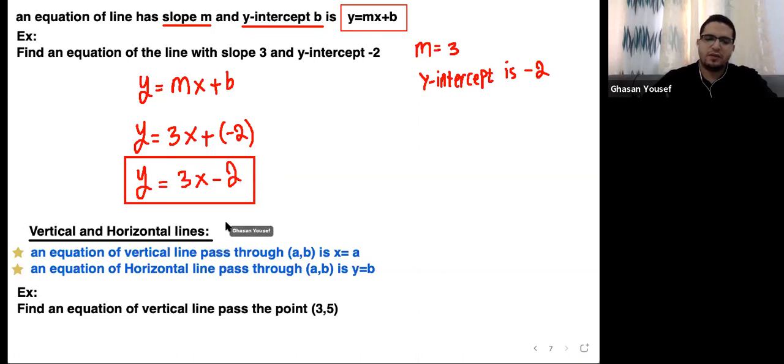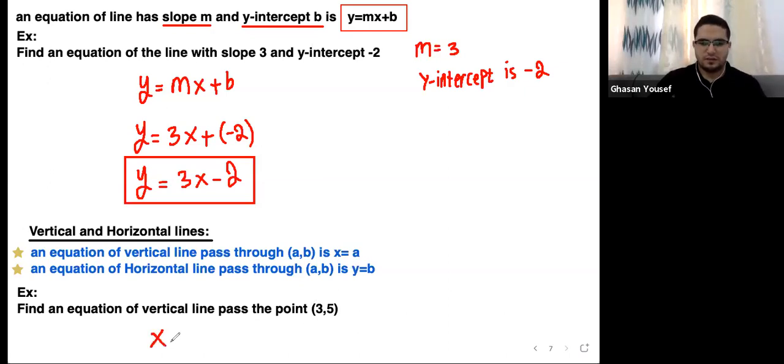We know the slope of a vertical line is undefined. But like we said before, a vertical line still has an equation, x equals the x-coordinate of the ordered pair.